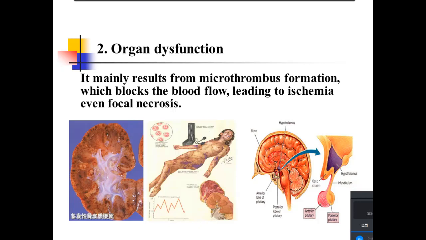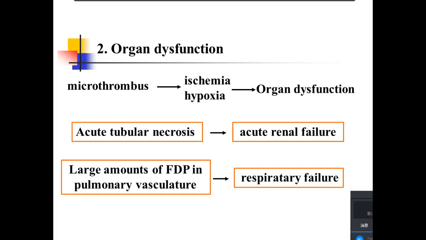So what leads to organ dysfunction during DIC? Microthrombus, because it comes from microthrombus.